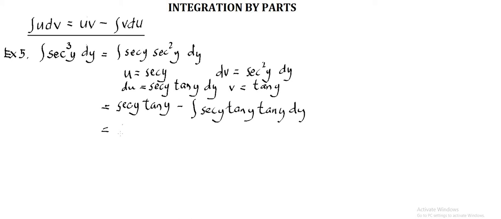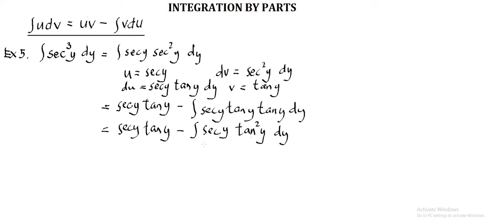So, I will have secant of y tangent of y minus integral of secant of y and then tangent squared y dy. So, yung ginawa natin, yung tangent y, minultiply natin sa tangent y. Kaya nagkaroon tayo ng tangent squared y.